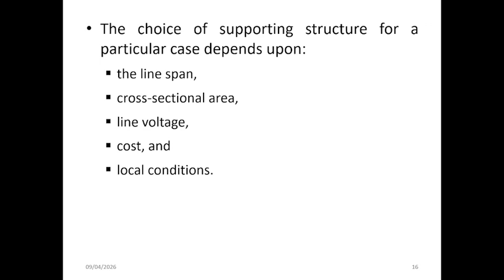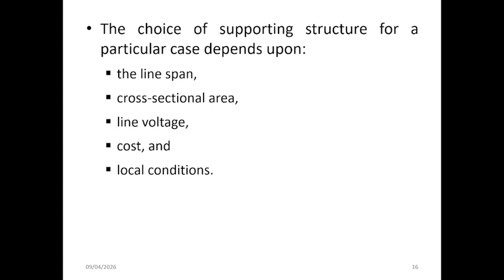Okay, the selection of supporting structure for overhead lines also depends on several important factors. The line span determines the mechanical strength required, while the cross-sectional area of conductors influences the load the support must bear. Line voltage plays a role in defining the required clearance and insulation considerations.